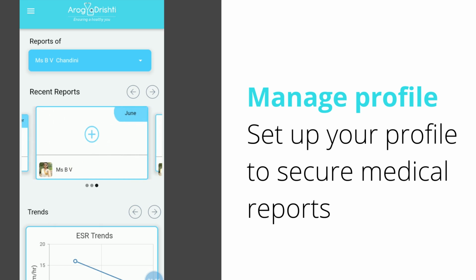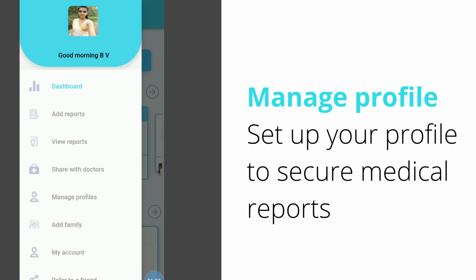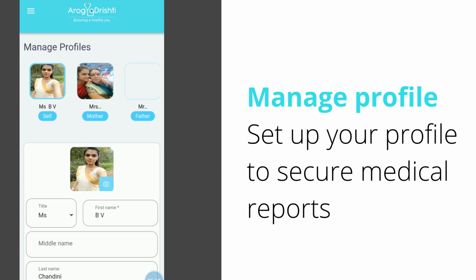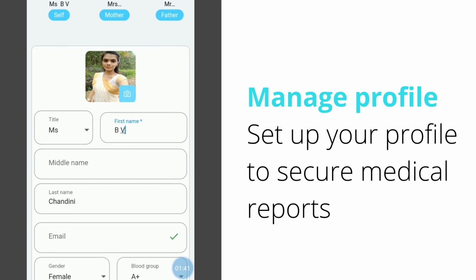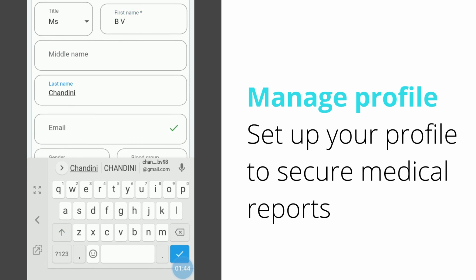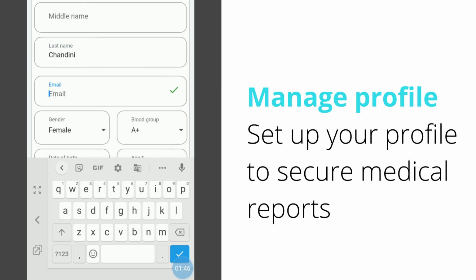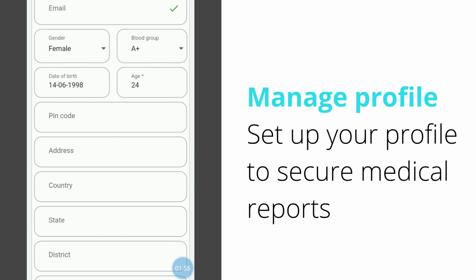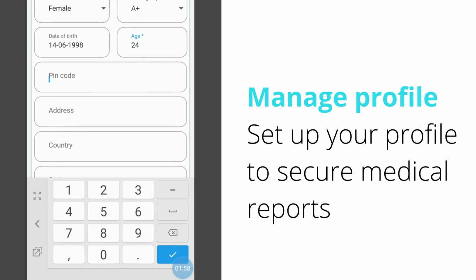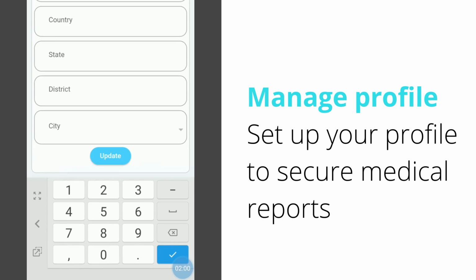But if this is your first time here, you will have to set up your profile in order to secure your medical reports with Arogya Drishti. So to set up your account, all you have to do is fill in your name, your last name, add an email ID and verify it so that you can interact with us using your email, add gender, blood group, your age, and you can also add your address.